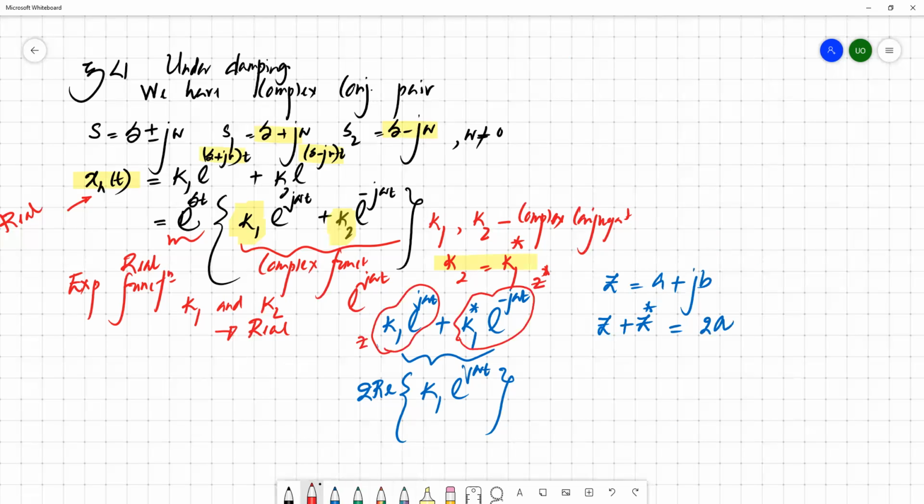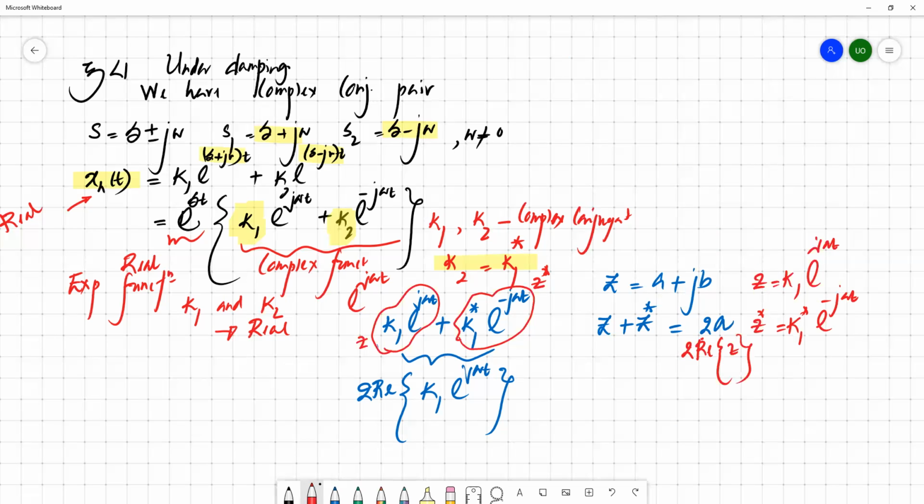Okay, so k1 e to the power j omega t is a complex number. If you take the conjugate, this becomes k1 conjugate e to the power minus j omega t. If you sum these up, you end up with 2 times the real component of z, since 2a means a is the real component of z.